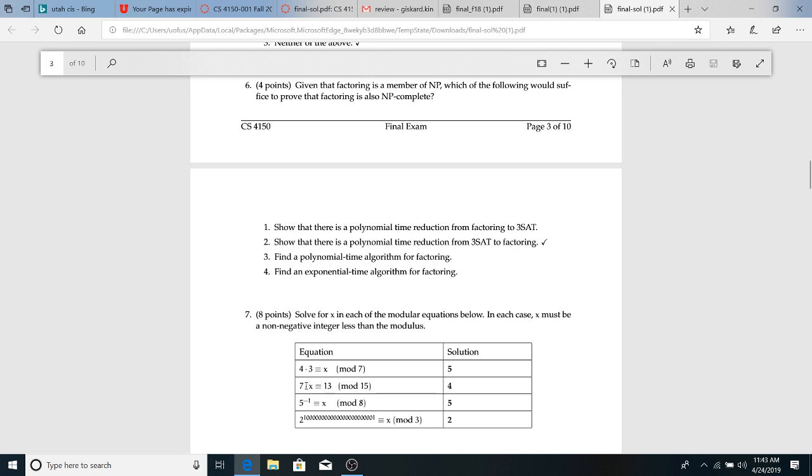The inverse of 7 is -2, because 7 times -2 is -14 plus 15, that's 1. So we multiply -2 to both sides. So x is equivalent to -26 mod 15, which if you add 30, that's 4. That's an example of how you do the modular inverse to solve for x.